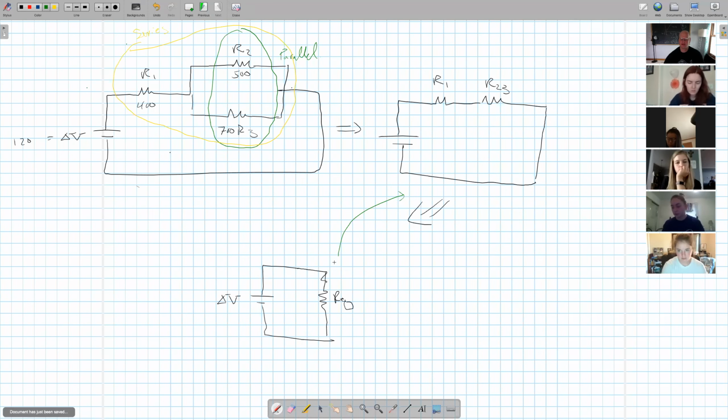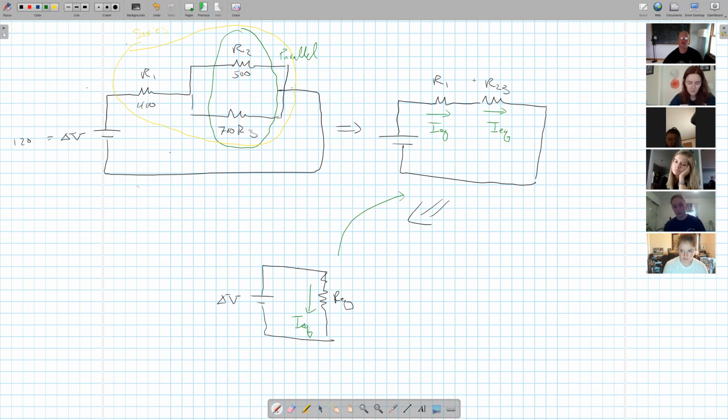If I want to know what's the same here, well, REQ came from two things which were in series, and I know current is the same in series. So whatever current is running through here, let's call that IEQ, has to be the same current running through this one and also through this one. Since I know IEQ and I know R23, I can find the potential.